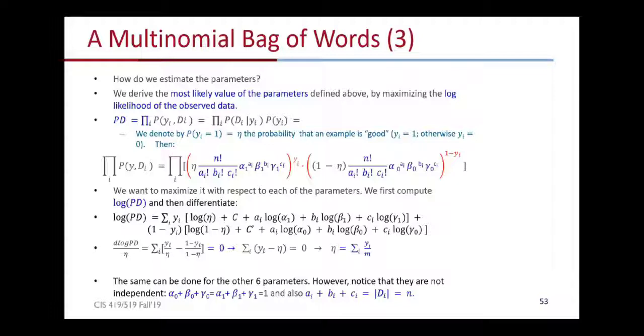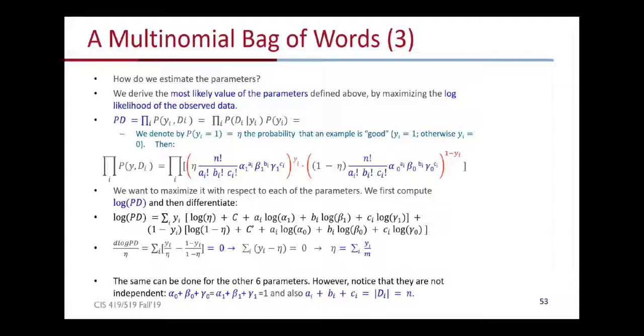Yeah. Professor, what is the term C in the summation of logs? Oh, there is a constant here. That came from this number and from this number, which I don't carry with me. It's some constant that depends on the number of words of each type that I've seen in the document.